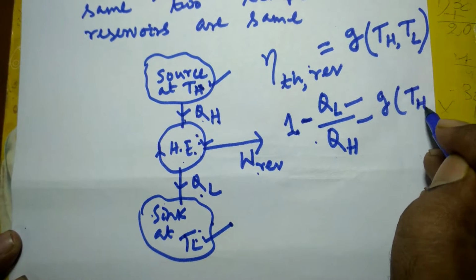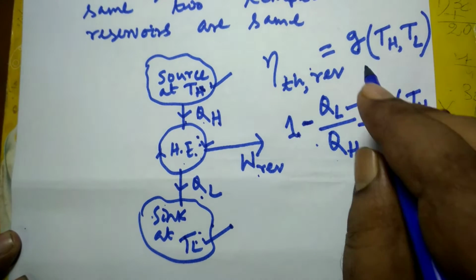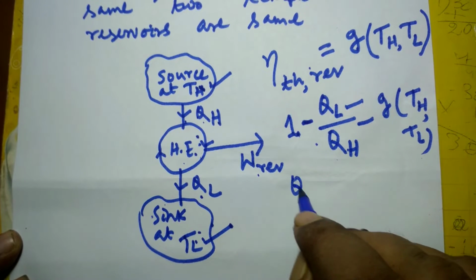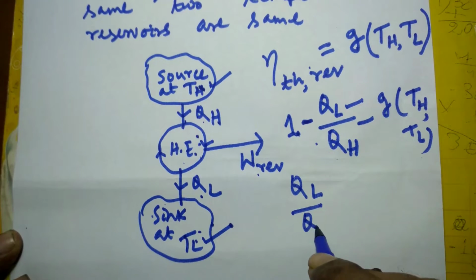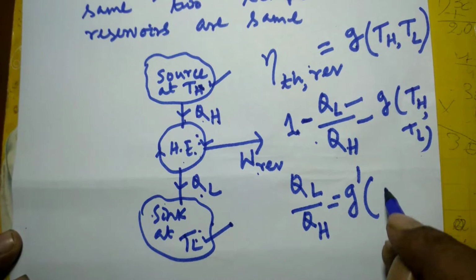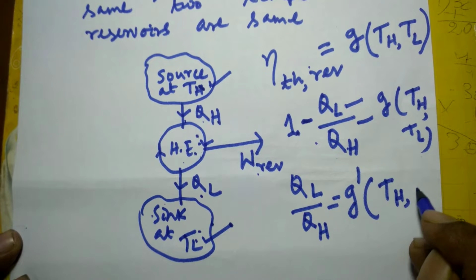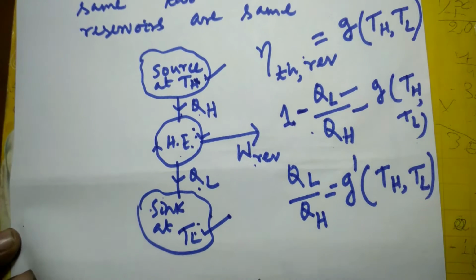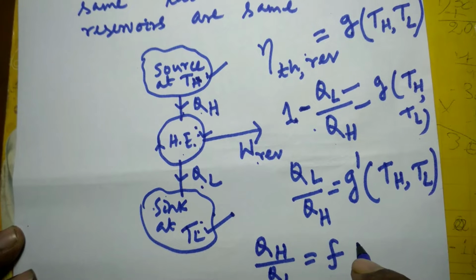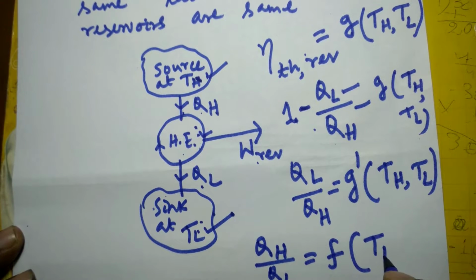So from this, I can write QL divided by QH as another function G dash of TH and TL. And from this, I can also write QH upon QL as another function F of TH and TL.